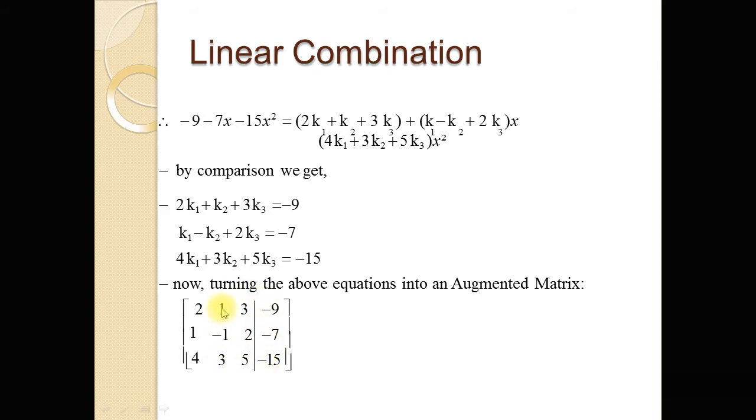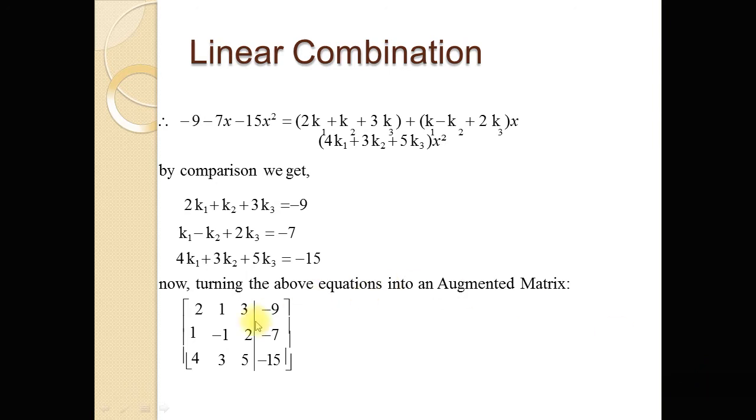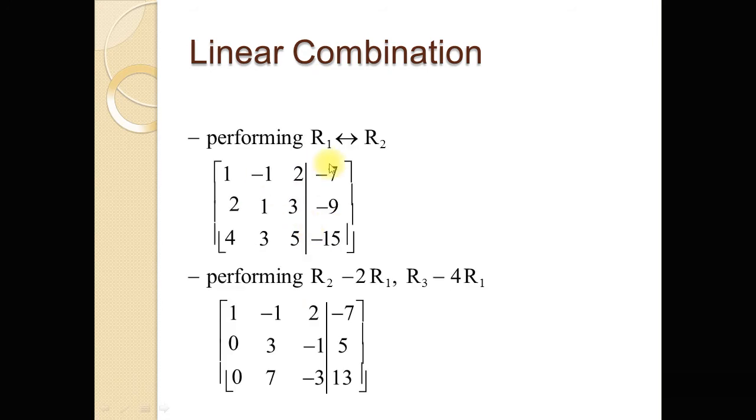To convert this augmented matrix into echelon form, this is the Gaussian elimination method. Now to convert this augmented matrix into echelon form, we will perform some row operations.